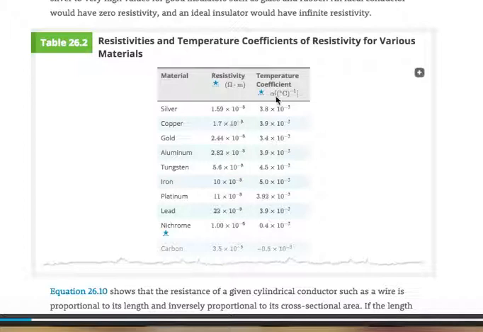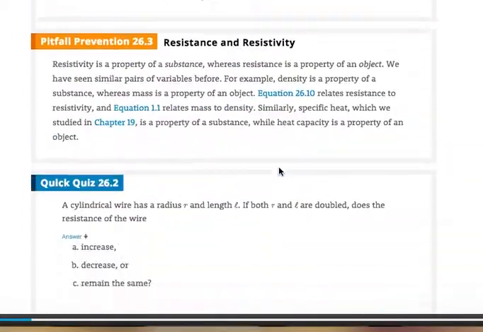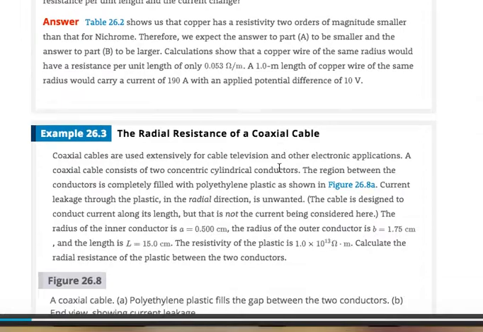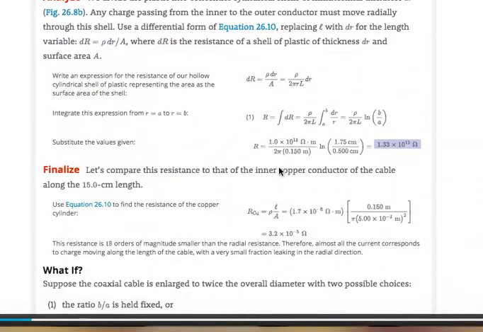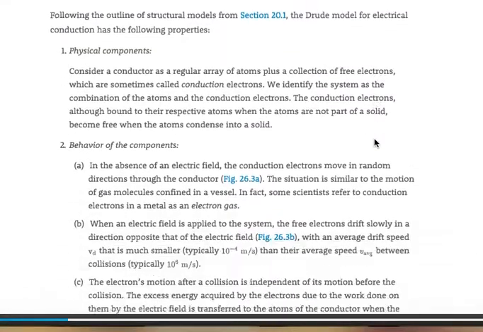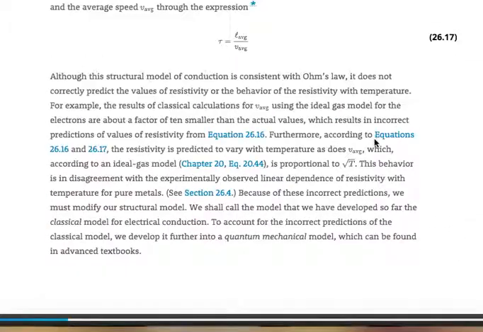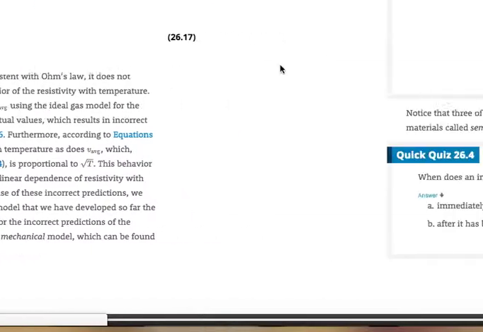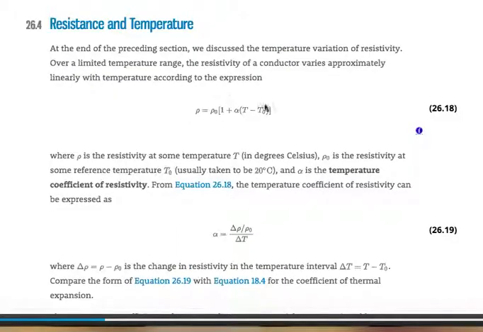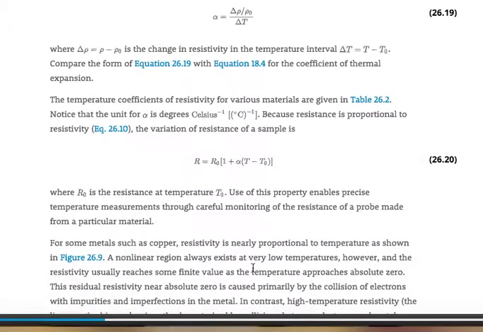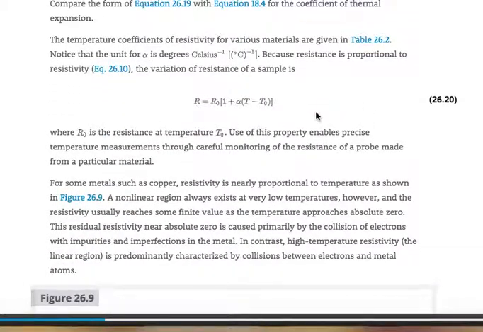Also, the resistance for something will change with temperature.